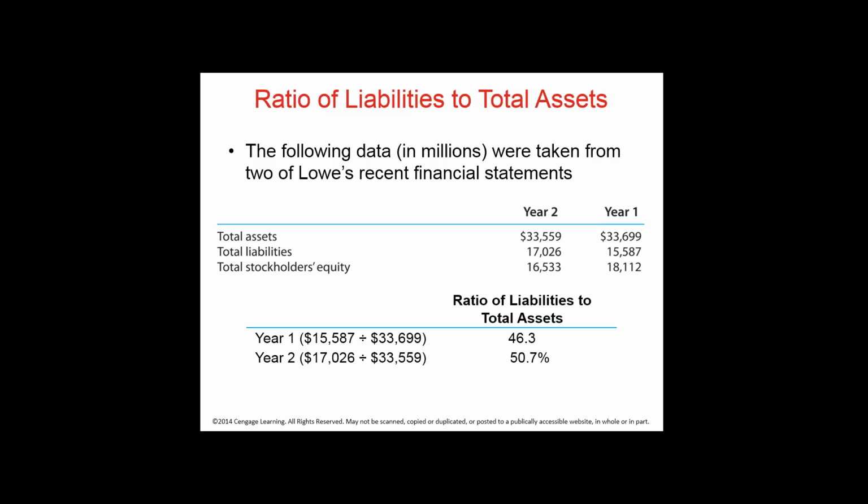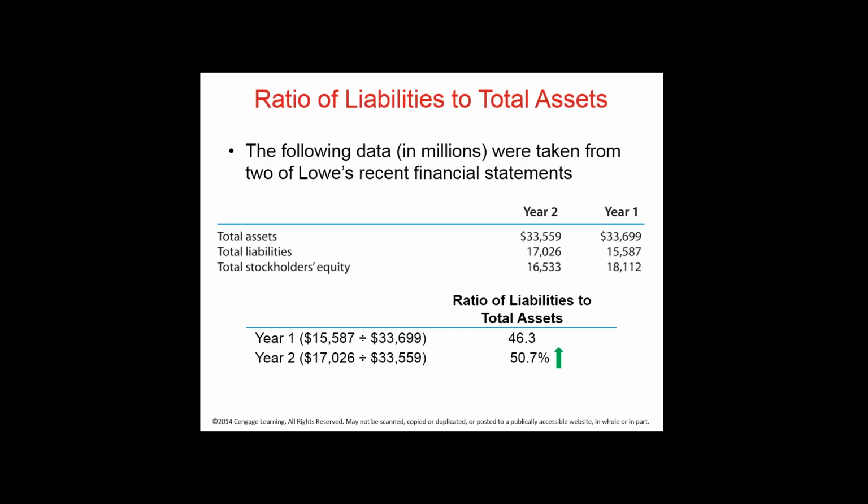What this says is that in year 1, less than half of the company's assets were financed with debt. In year 2, it crept up slightly to 50% of their assets. That's still a fairly good number. But it is going up.